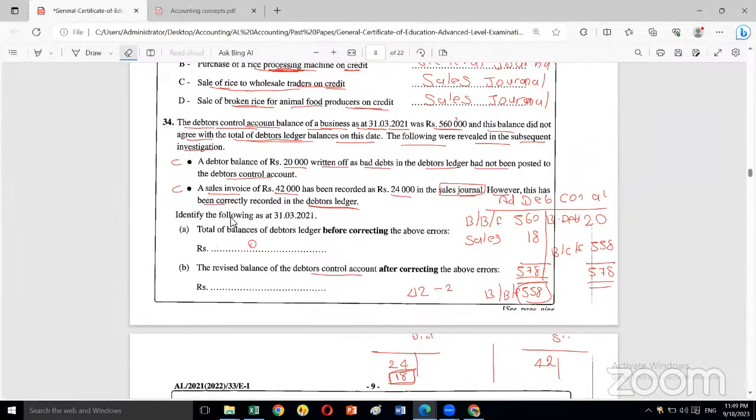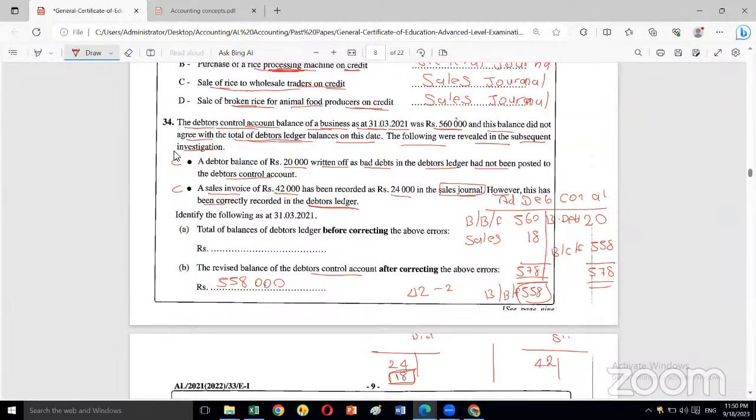Adjusted debtors control account balance, how much is the value? Sorry, wait, it's not writing here. Wait a second. 558,000. This is the adjusted debtors control account.